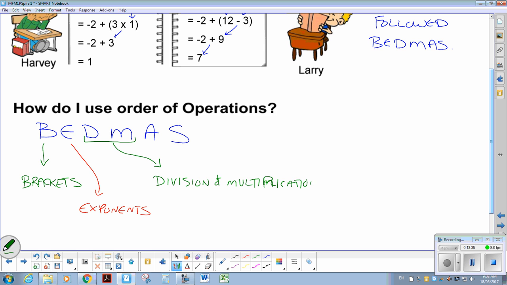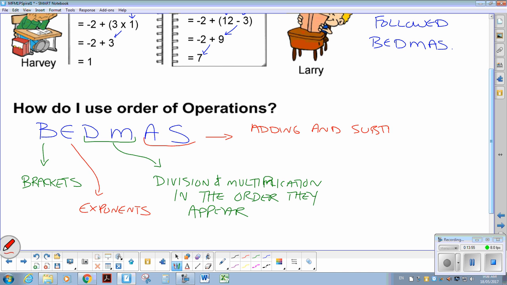This is the important part, in the order they appear. All right, so it has to be in the order they appear. And similarly, the A and S are put together as well, and that is adding and subtracting in the order they appear.